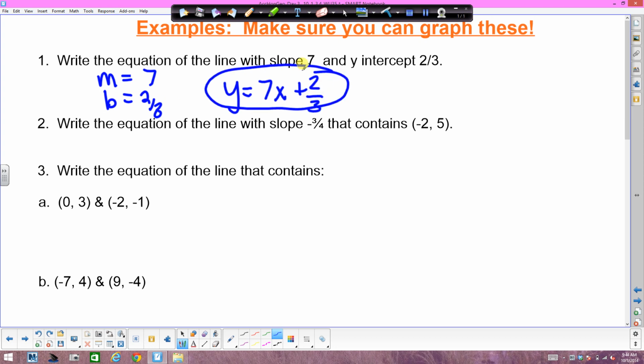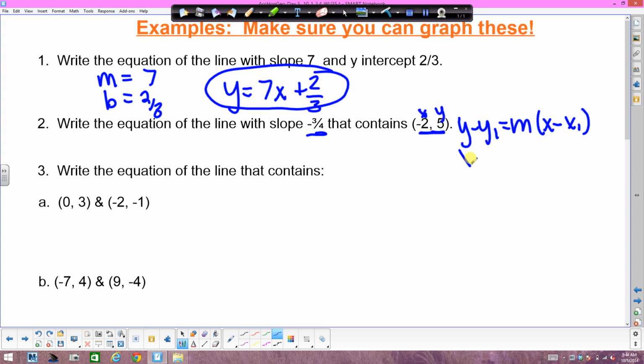So to write the equation of the line with the slope negative 3/4 that contains (-2, 5), well, I've got a point and I have the slope, so we're going to start in point-slope form. So remember that's y minus y1 equals m times x minus x1. So this is x, this is y.